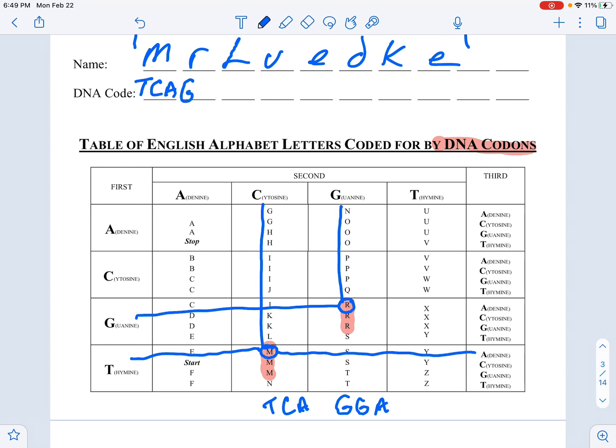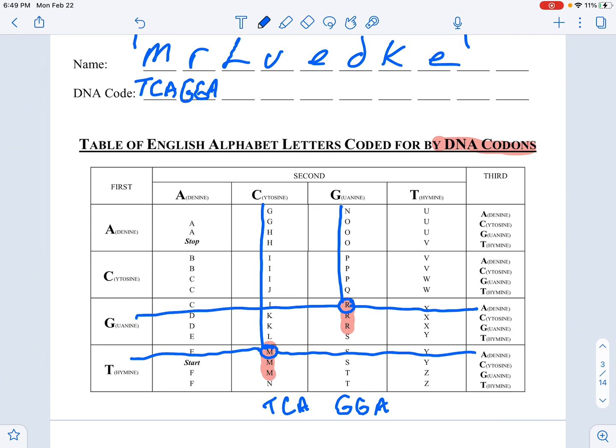Then I would need another guanine. Then I would need an adenine. So that sequence of GGA would code for R.